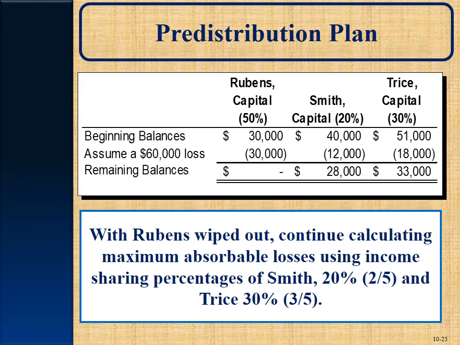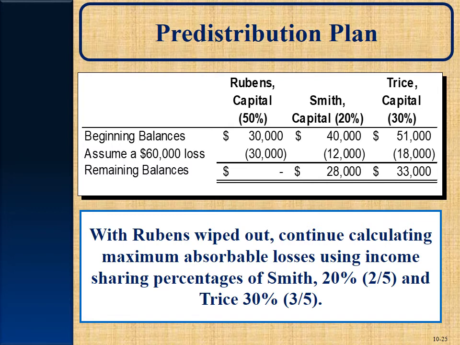With Rubens wiped out, we continue calculating the maximum absorbable losses using income sharing percentages between Smith and Trice. Now remember, Smith has a 20%, Trice 30%. We're just going to focus on those two. So together that's 50%. So 20% of 50% is 2/5.